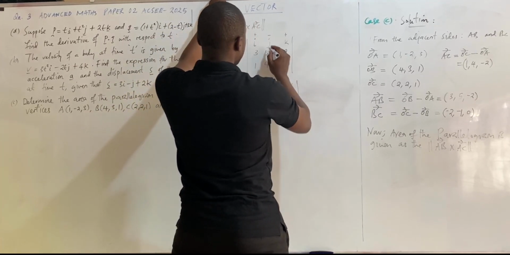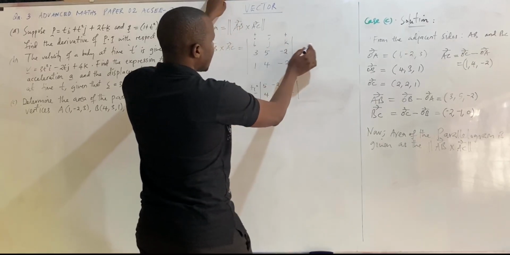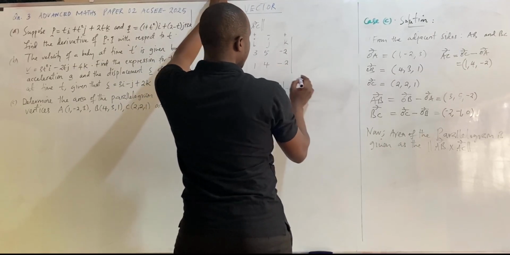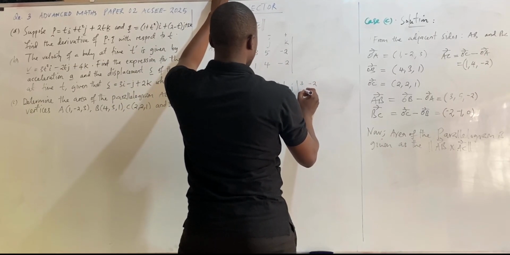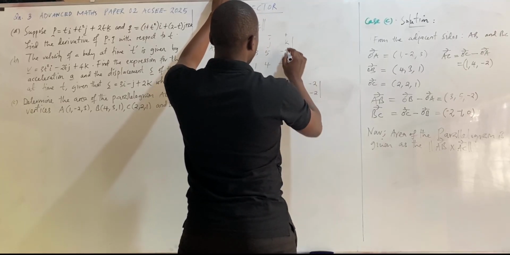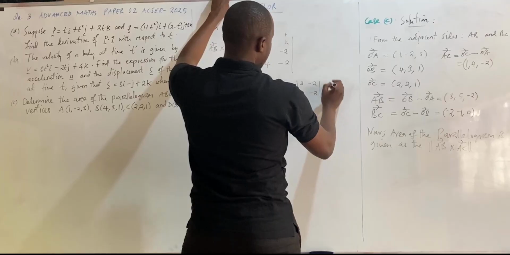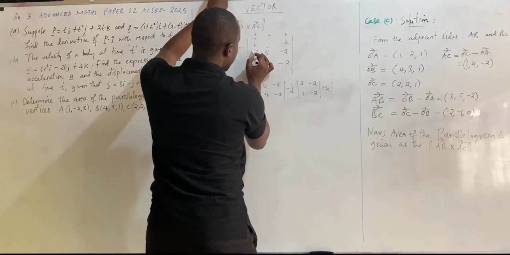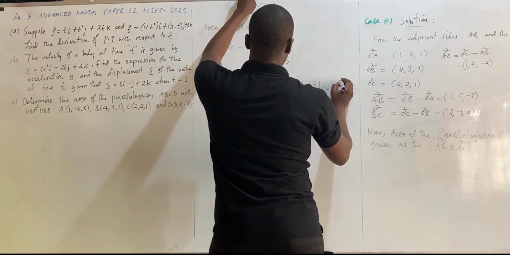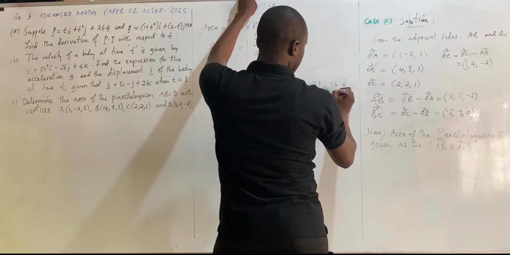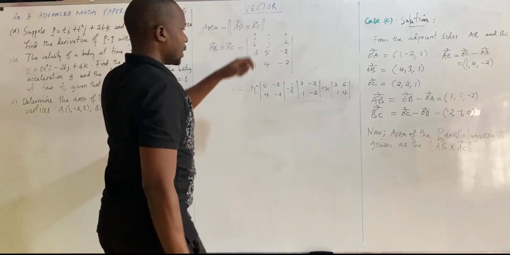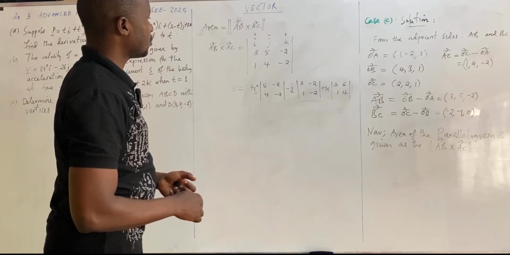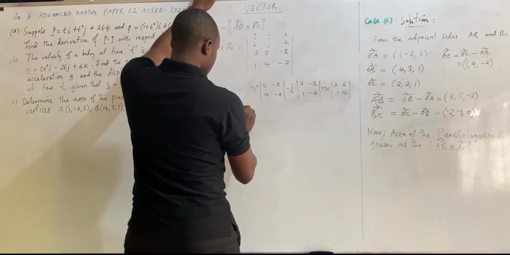The first row and the column containing j cancel out. So we remain with the elements 3, negative 2, 1, and negative 2. Then again, the positive k. The third column and the first row cancel out. So we only remain with these elements that make a square matrix of 2 by 2. So we can operate as usual when we are calculating the determinant of a 2 by 2 matrix.